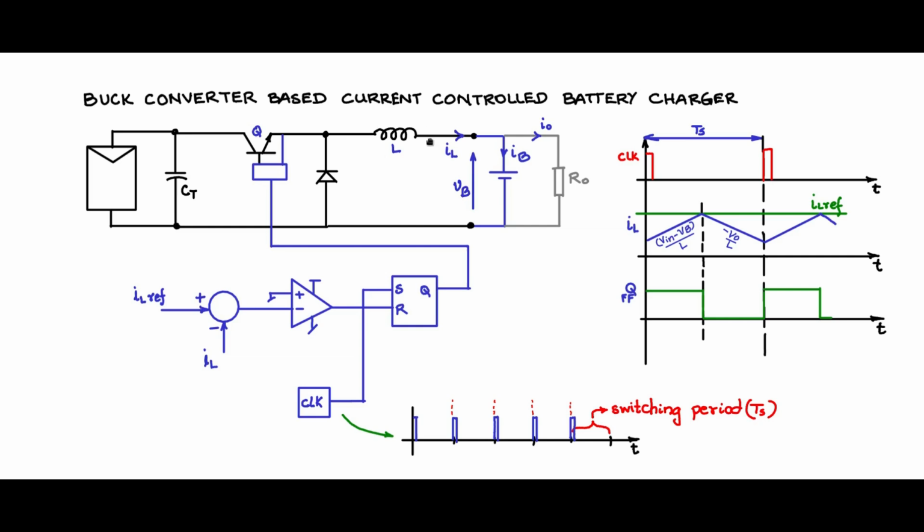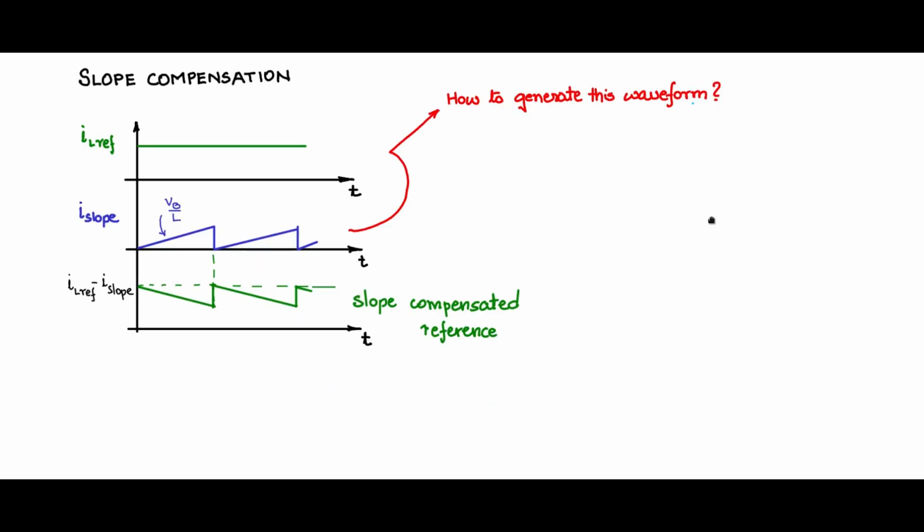So for this inductor, by the Faraday equation, VL, the voltage across the inductor, is given by L dIL by dt. Let us write that down. VL is equal to L dIL by dt, and during the 1 minus d Ts period, IL is minus VB by L integral dt.